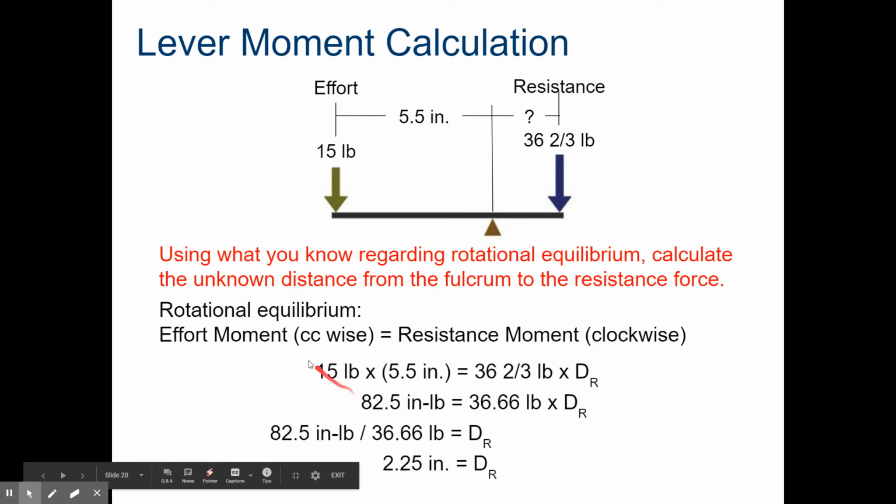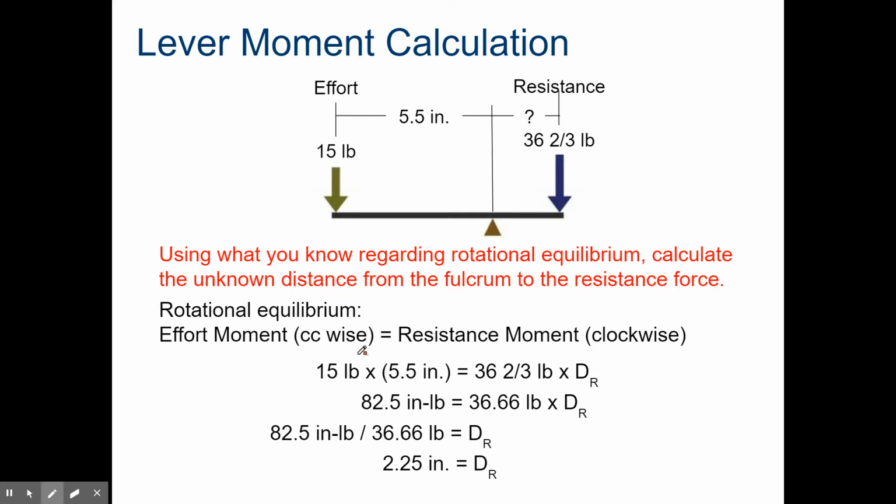So here's what we got. Effort moment, this left side over here: 15 pounds of force times 5.5 inches, equal to your 36 2/3, or 36.66, resistance force times your resistance distance, which we don't know.